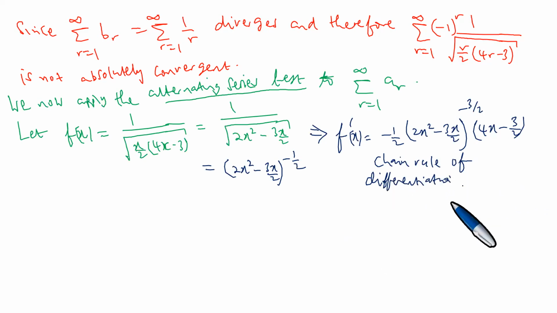Now we have this. We can see that this is less than 0, decreasing, for the x values which are from 1 to infinity.